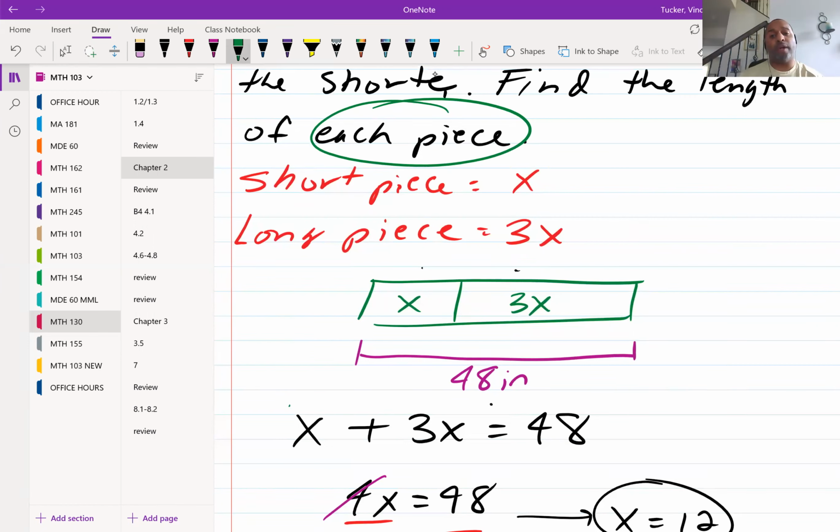So if you just give 12, the answer probably will still be wrong. So x represents 12, and then 3 times x, that means 3 times 12 is the longer piece, so that'd be 36. So your two answers will be 12 and 36, short piece is 12, longer piece is 36.